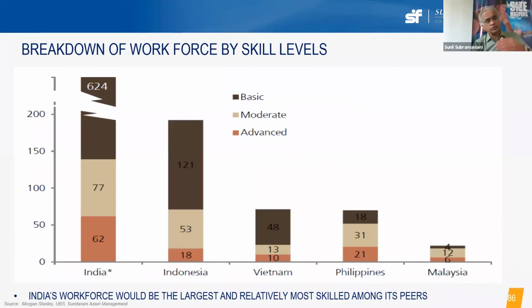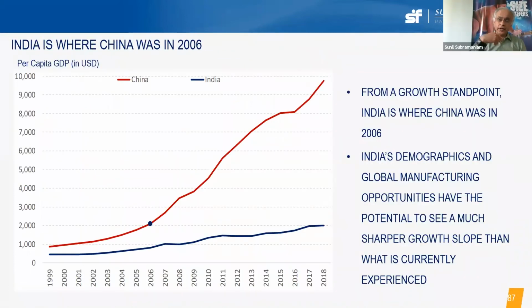Next, because of our education system and engineering and medicine and pharma and everything, we have more than adequate labor compared to our competition at basic, moderate and advanced levels. Another supporting factor is that China's per capita GDP is $10,000 while India's is $2,000, so Chinese labor is 5 times more costly than Indian labor.